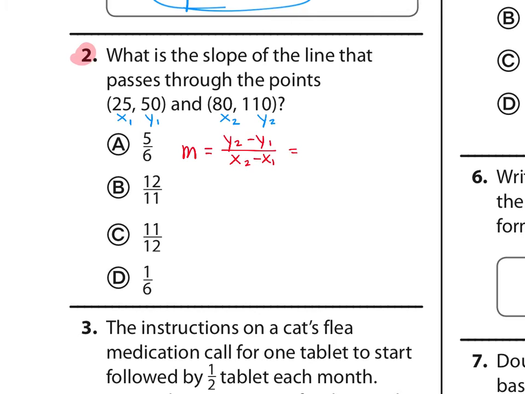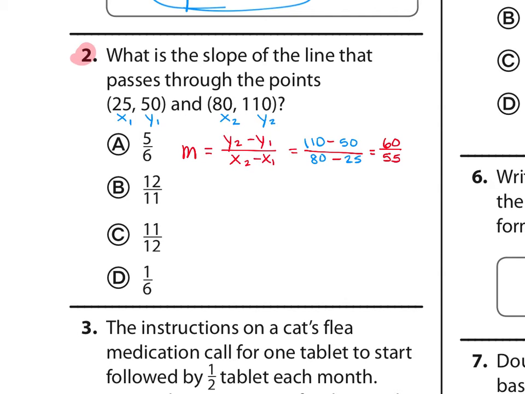And now we'll just plug them in. y sub 2 is 110 minus y sub 1 is 50, over x sub 2 is 80 minus x sub 1 is 25. So we're going to simplify that. We get 60 over 55.